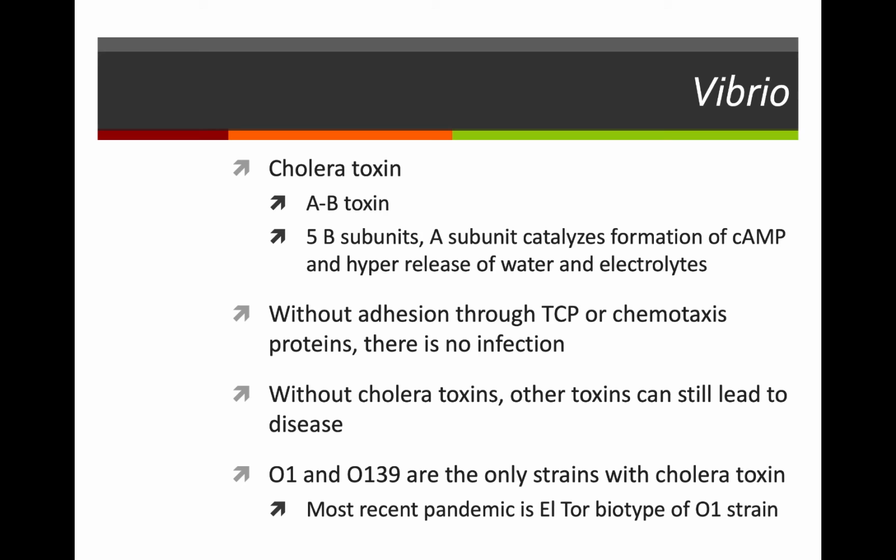And so there are a handful of biotypes that are still all considered the O1 strain. Because remember, the O antigen is simply part of the LPS. And so there are a number of different organisms that all contain the O1 version of LPS. And so one particular group of them, the El Tor group, is what caused the most recent pandemic.